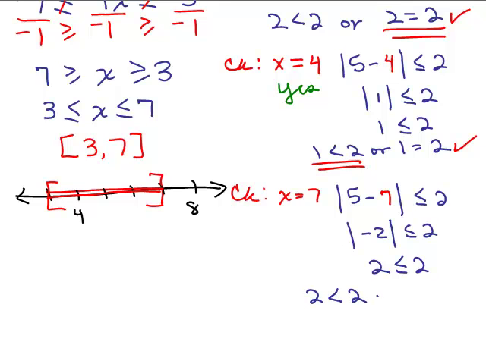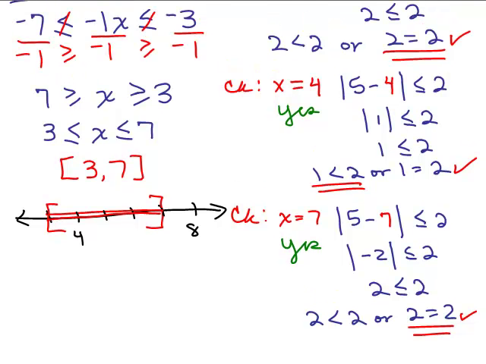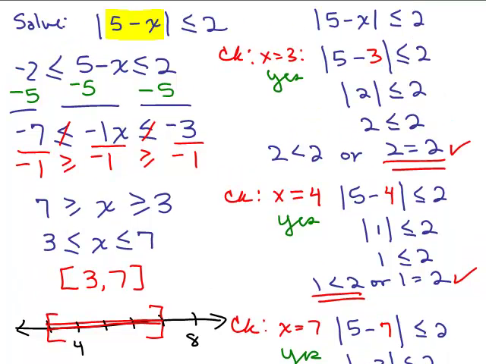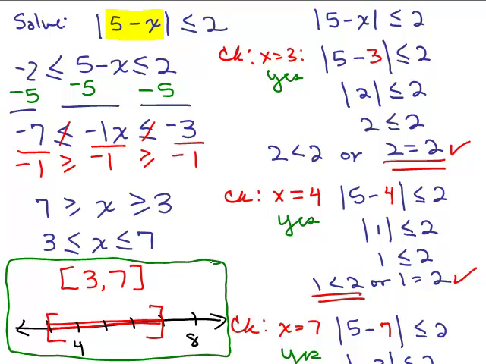Either 2 is less than 2 or 2 is equal to 2. And are one of those two things correct? Yep, this is. So yes, that is the only way to truly check that your solution is completely correct. So down here we have our solution, right? There's the graphical solution and the solution written in interval notation.